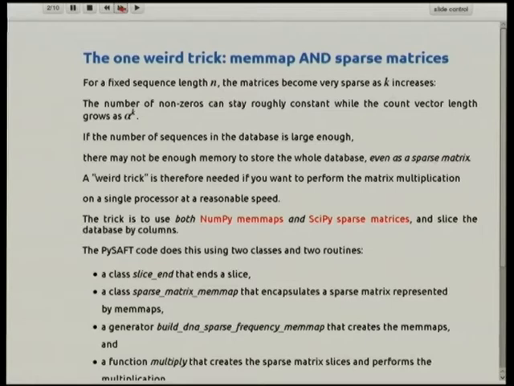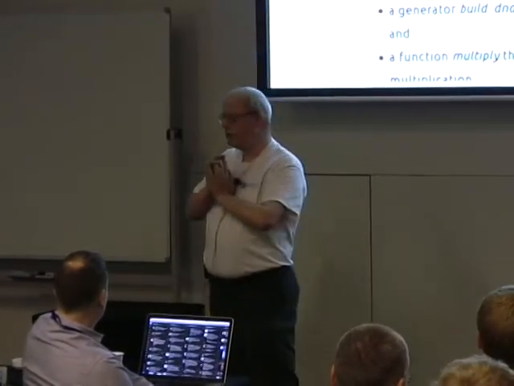So it's quite possible that if you're using a tiny little laptop like what I've got, your database, even if it's represented as a sparse matrix, may not fit into memory. So that's the issue. And possibly I should have split this into 2 slides. That's the issue. The slide is talking about the solution.